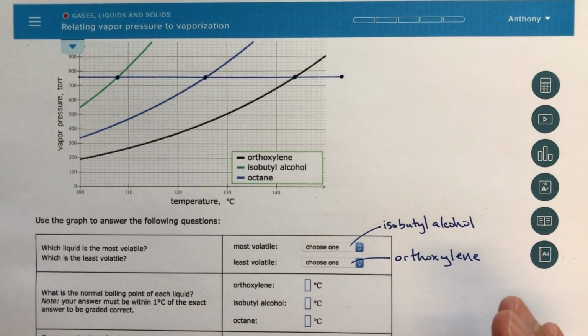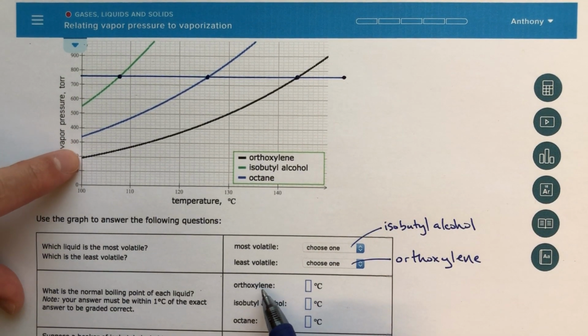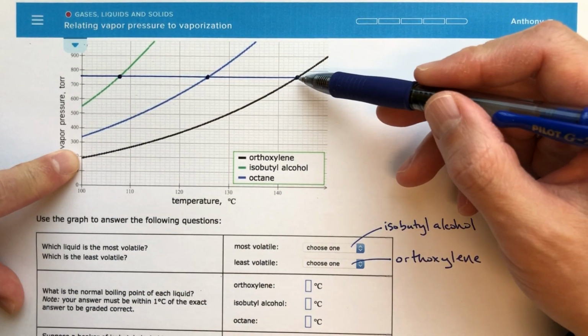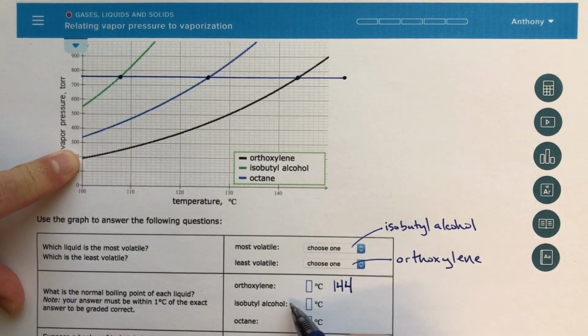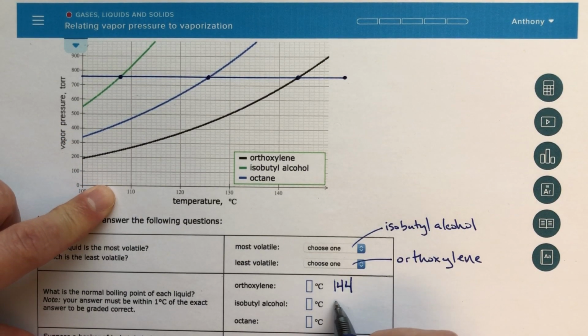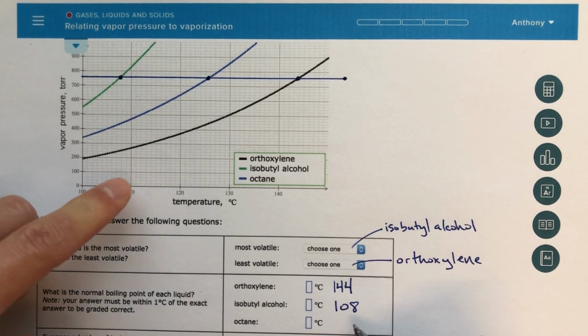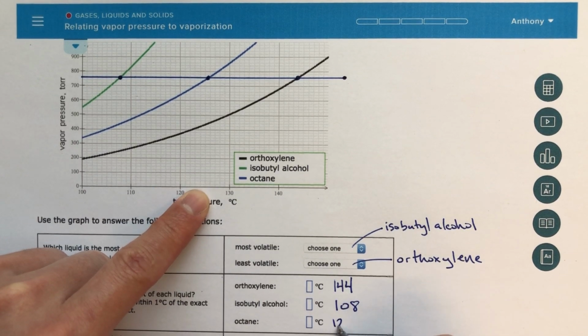So for these different chemicals, the first one here, this temperature looks to be about 144. Isobutyl alcohol looks to be about 108. And then octane looks to be about 126. I guess it's right in between, but we'll call it 126.